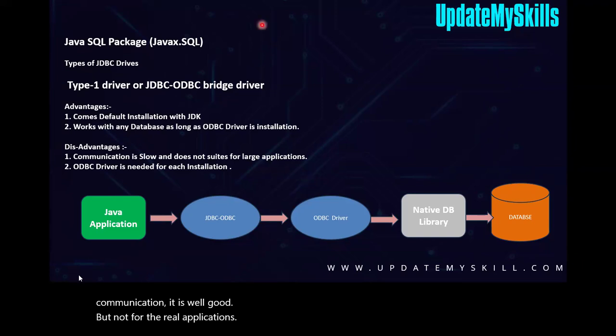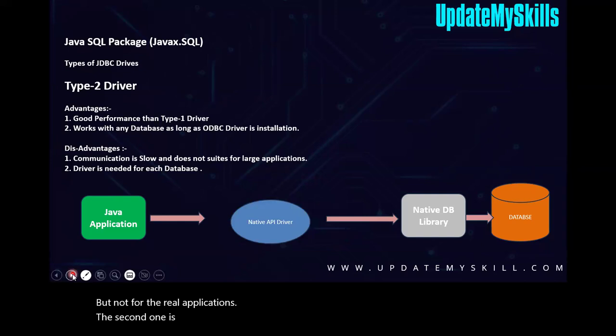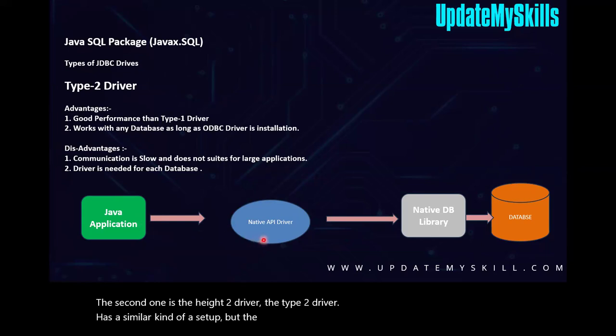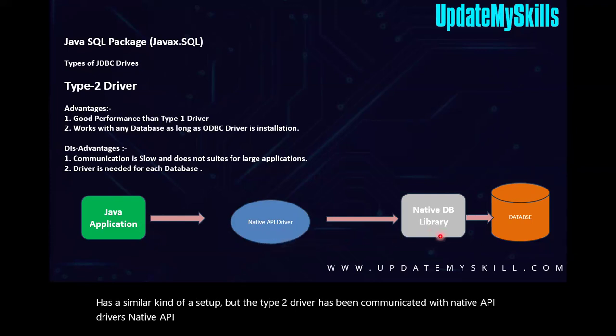The second one is the type 2 driver. The type 2 driver has a similar kind of setup, but it communicates with the native API drivers. The native API drivers can communicate with the native DB libraries and the database.